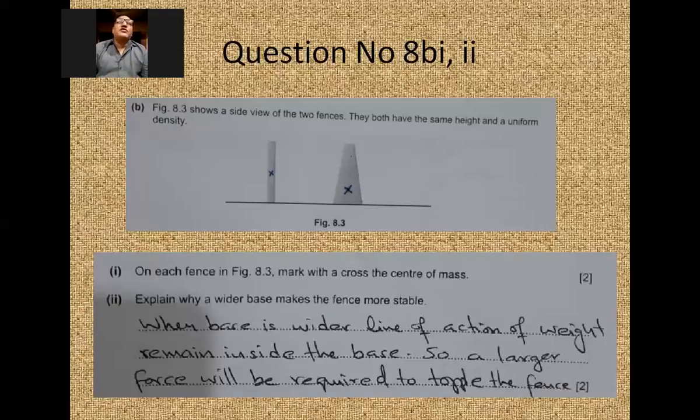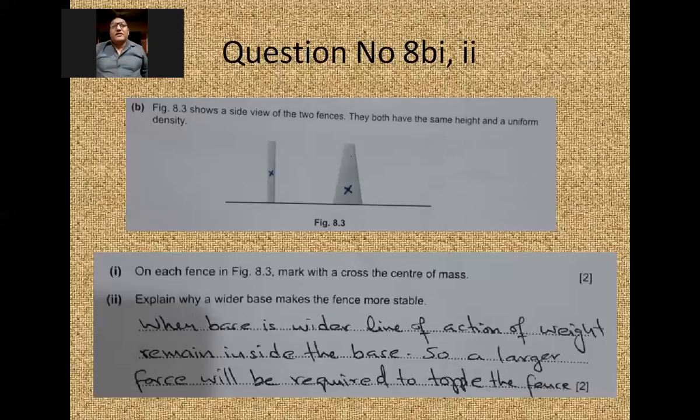For example, if you apply a force towards the left side, the body will tilt to the left side, but the line of action of the weight will be on the right side, and it will not go out of the base, and it will bring the body back to the right side, so the body will not fall.